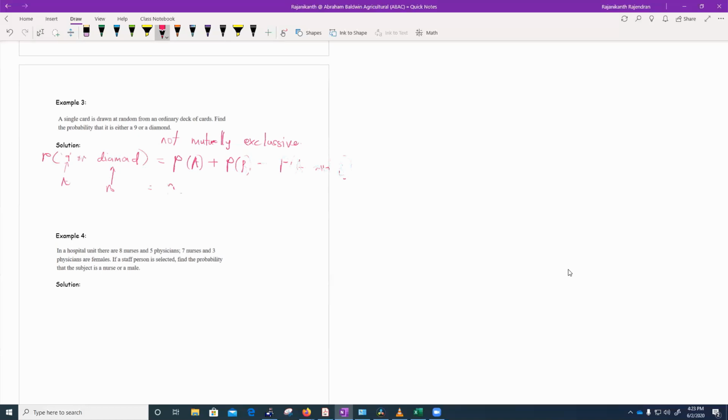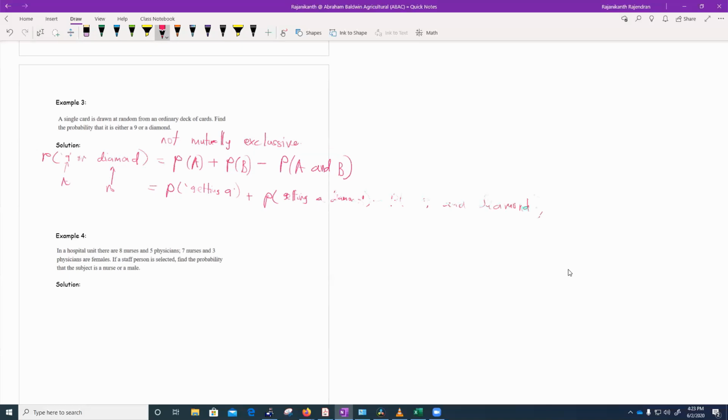A means getting number 9, the probability of getting number 9, that is my event A probability, plus the probability of B, which is getting a diamond, then subtract the probability of number 9 that should also be a diamond.